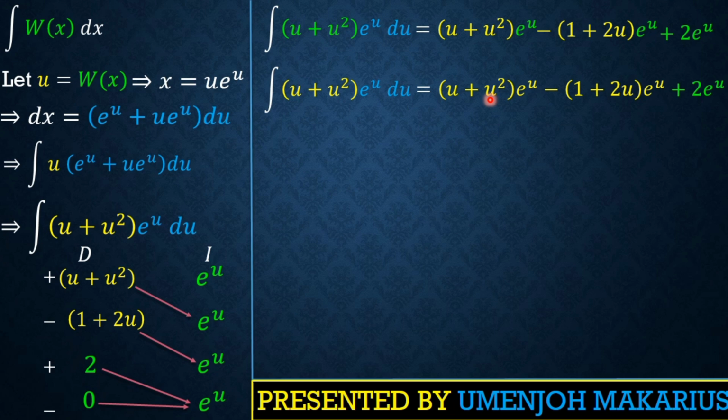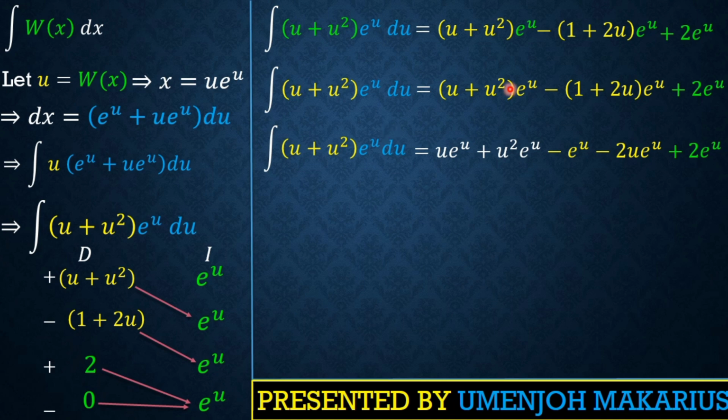So if we open all the brackets, we are going to have u e raised to the power u plus u squared e raised to the power u minus e raised to the power u, now minus 2u e raised to the power u, plus these 2 e raised to the power u here that we have. So we have u e raised to the power u right there. We have minus 2u e raised to the power u. So that gives us negative u e raised to the power u.